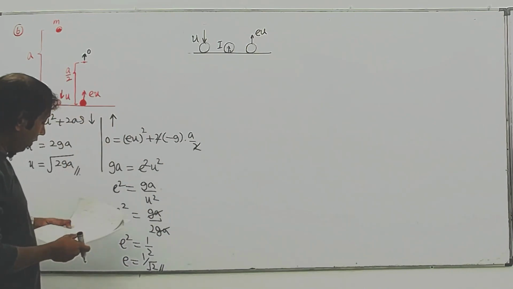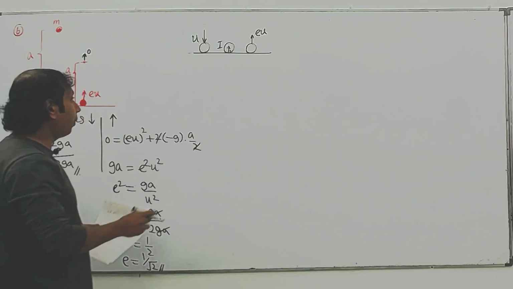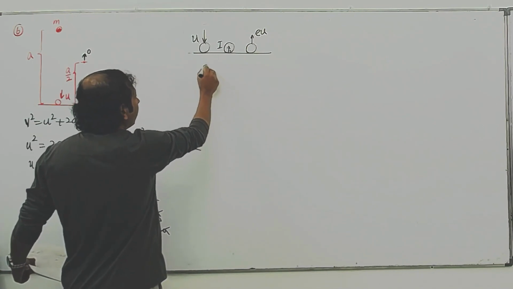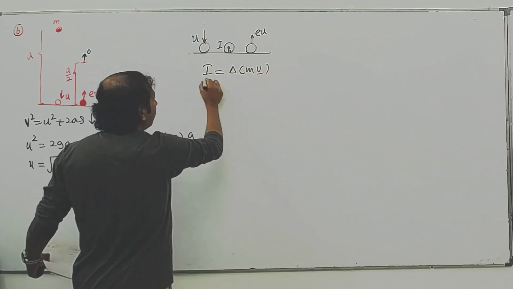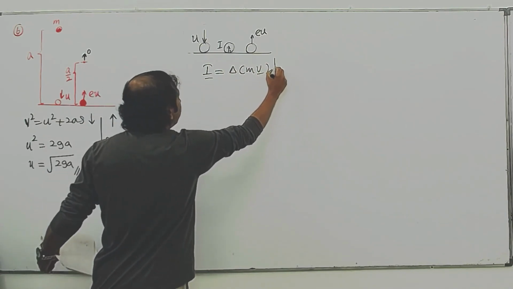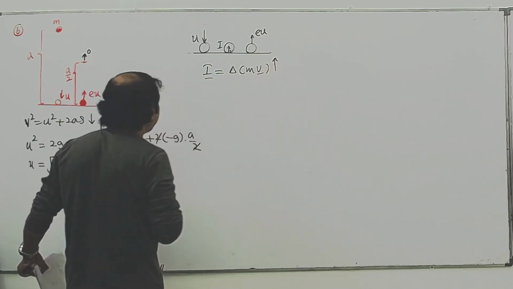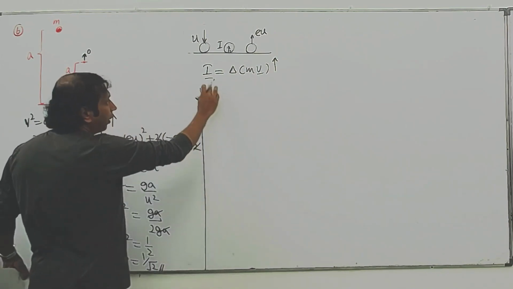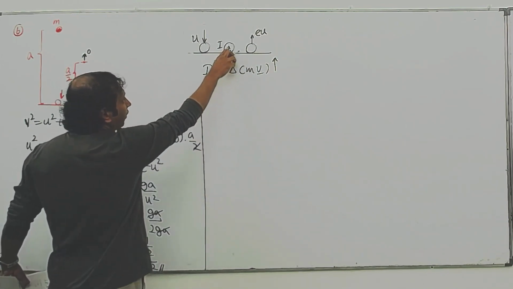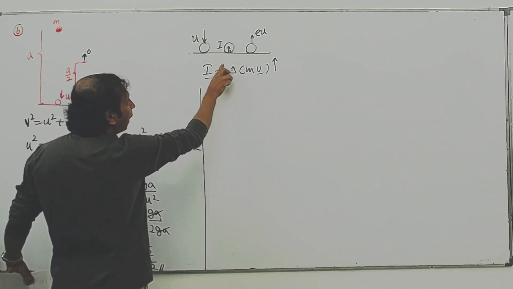Now what do we apply? For this collision we apply I equals delta mv, in the upwards direction. Here I means the impulsive force, which I have assumed acts in the upwards direction.